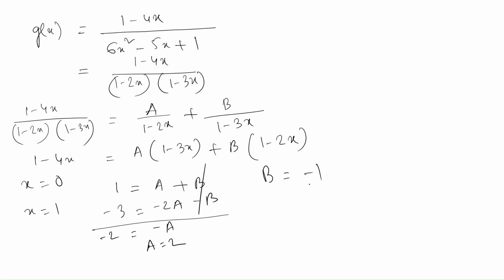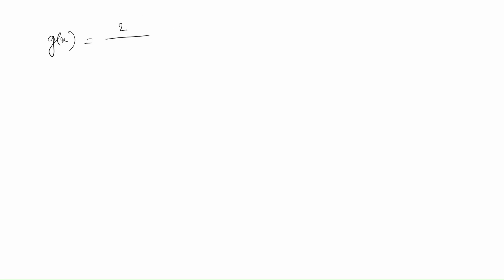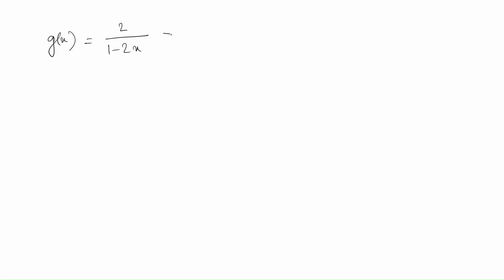Then G(x) is A, that is 2, 2 by (1 minus 2x), and B is minus 1, so minus 1 by (1 minus 3x). Now let us take this 2 here and then it is 1 by (1 minus 2x) minus 1 by (1 minus 3x).